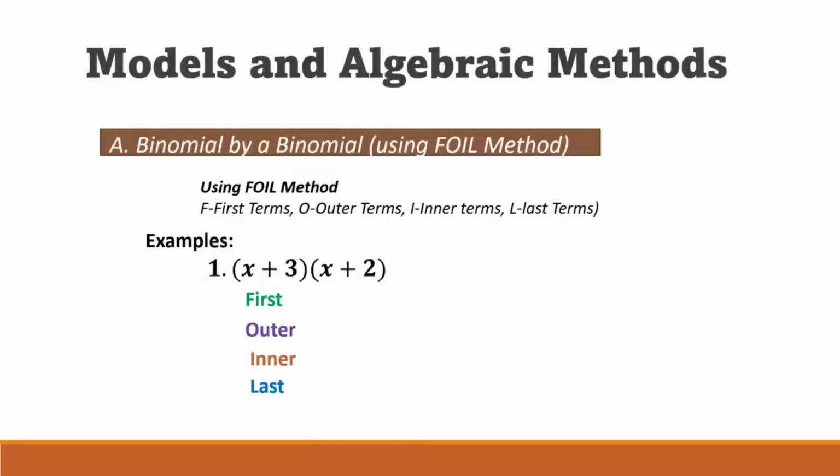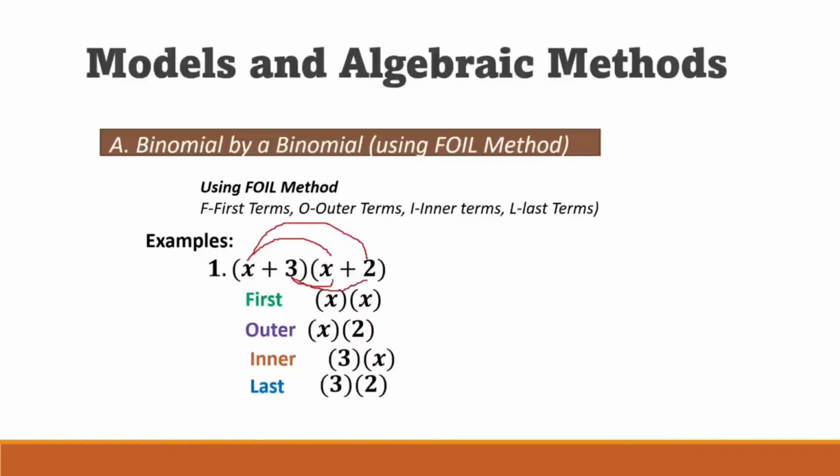Or you can use markings such as this. So first terms are x and x, outer terms are x and 2, inner terms are 3 and x, and the last terms are 3 and 2.